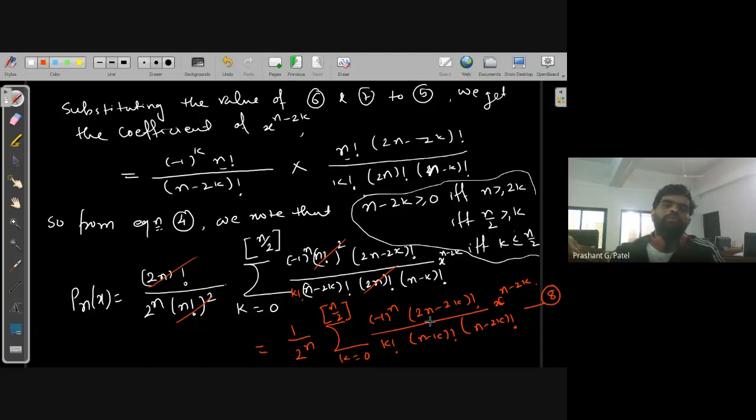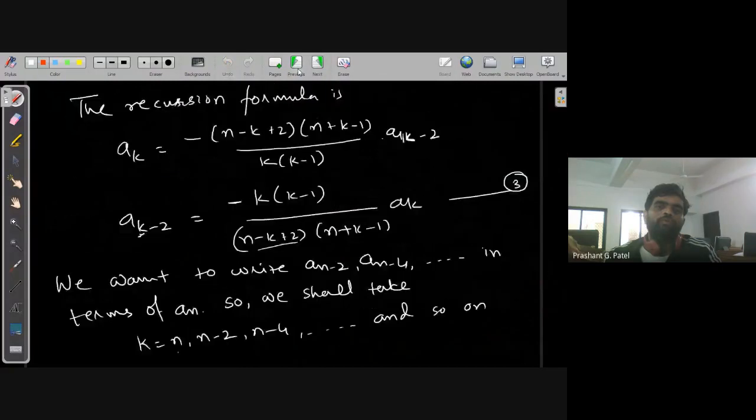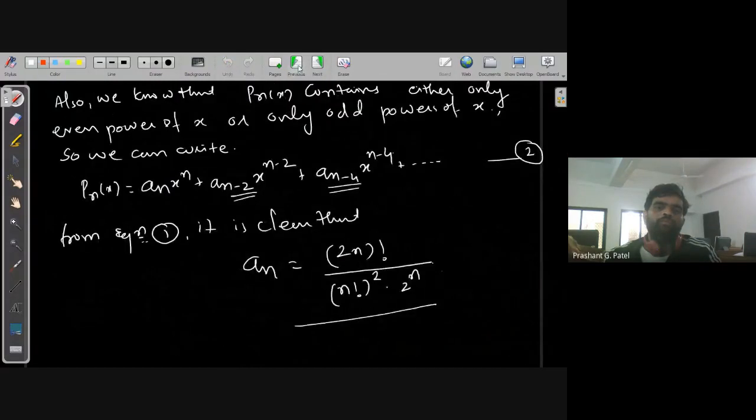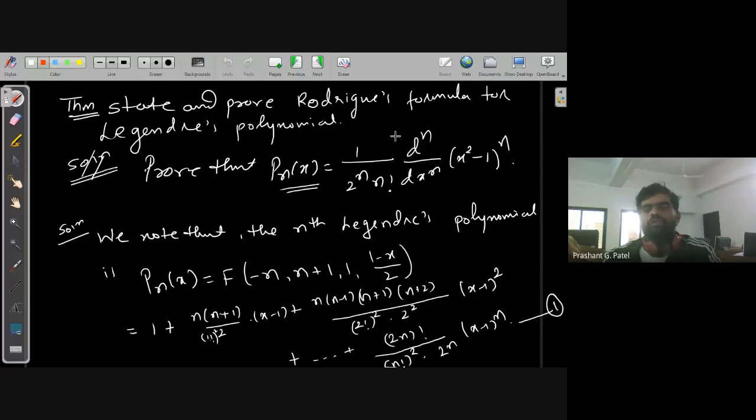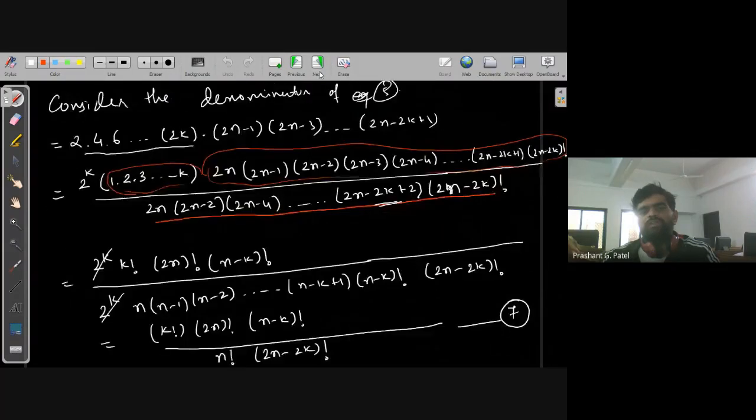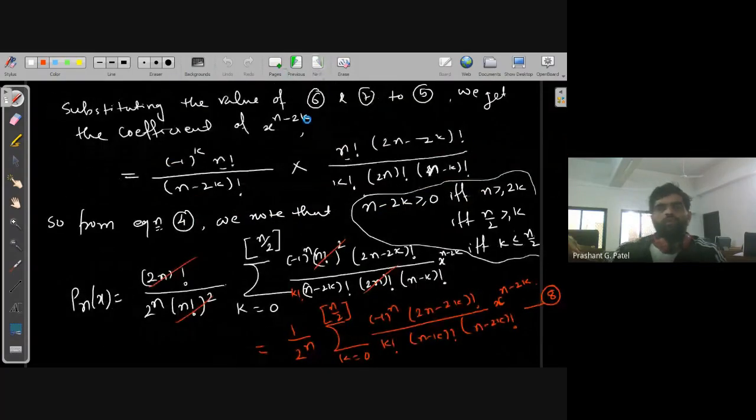What is our objective? Is to prove that the Pn is of the form 1 upon 2 raised to n n factorial nth derivative of x square minus 1 raised to n. So now we will see what is the nth derivative of this x square minus 1 raised to n. So for that we need to recall one formula. What is the nth derivative of x raised to m? Recall that.